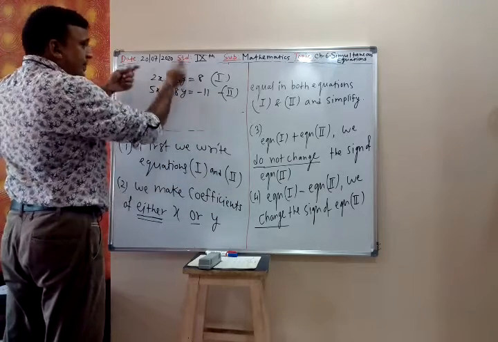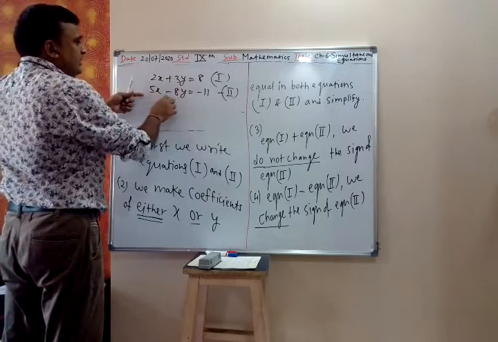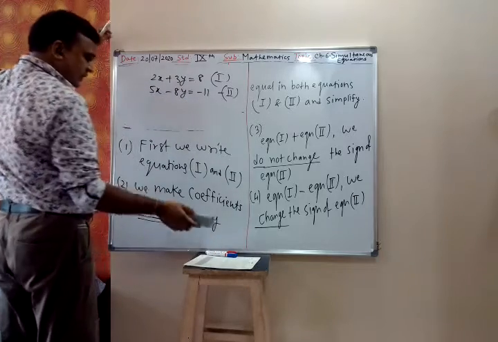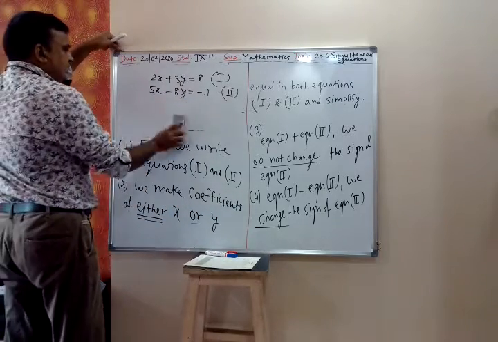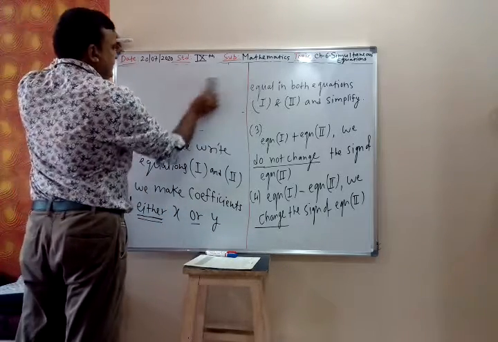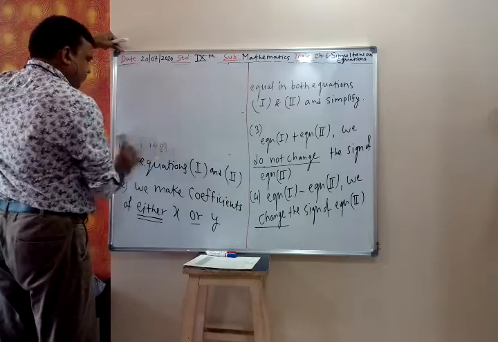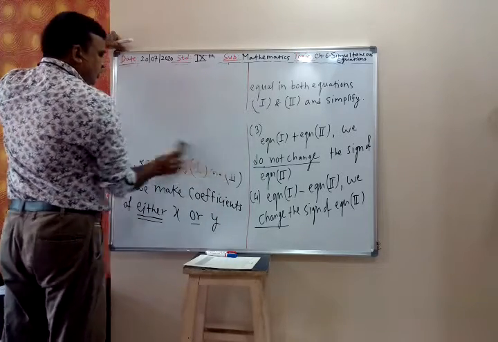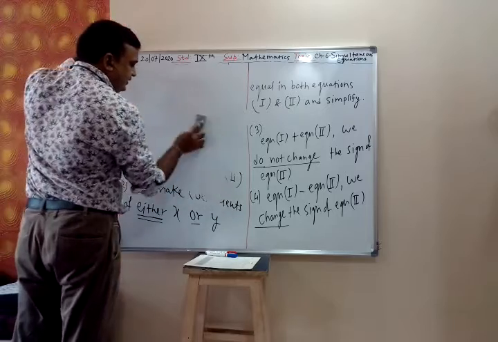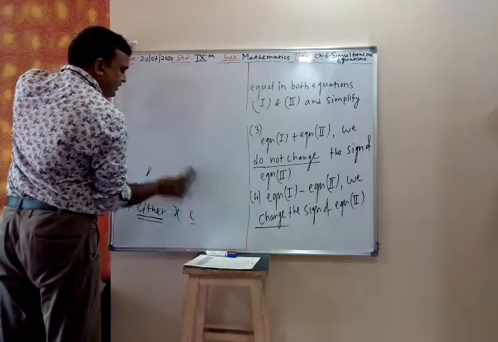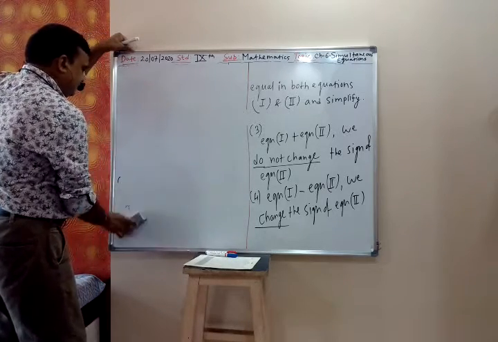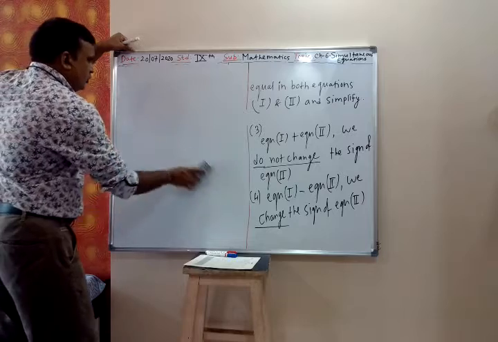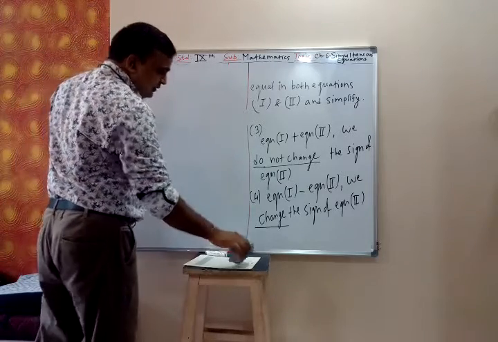But whenever you are subtracting, 1 minus 2, you have to change the sign of second equation. And this will be more clear when we start solving the problem. So in this you have to make coefficient of either x or coefficient of either y equal, any one, not both. Coefficient means the term attached to that variable.